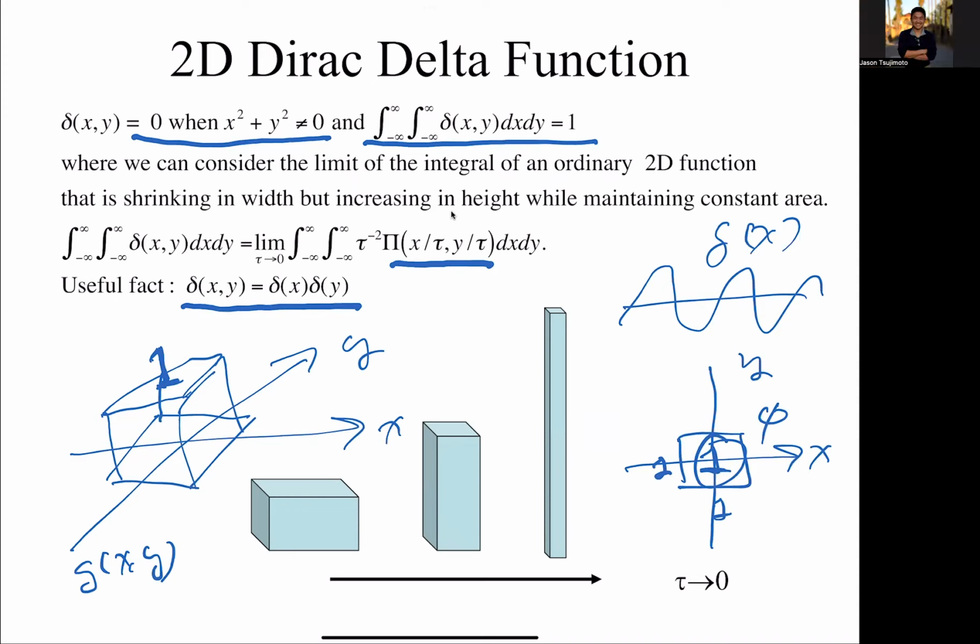Can you hear me? Yes, I can hear you. But as the width of x and y approaches 0, then it's shrinking and the height is increasing, right? The height is the value of the function, yes. So then the total volume stays at 1, but the area is shrinking. Well, this is what we're calculating.